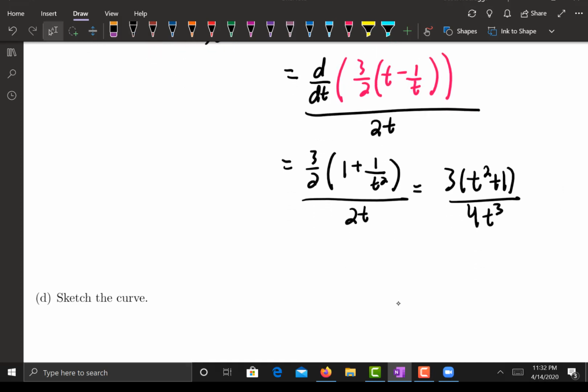Well, first of all, I can't have 0 for t, because if I plug 0 in for t, my second derivative will be undefined. But I can make this observation.